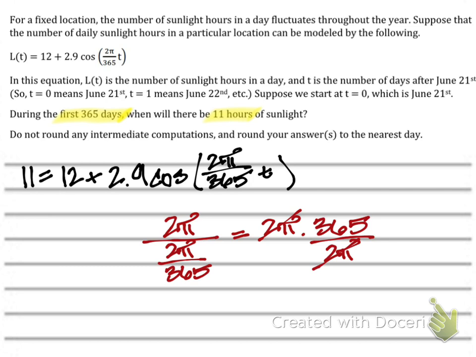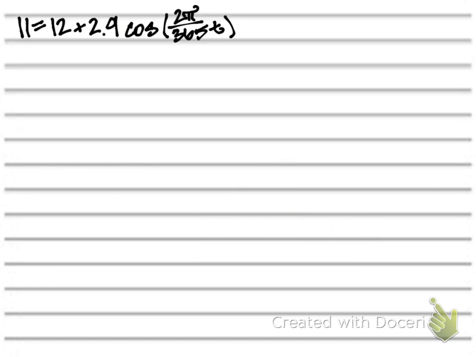So now let's look at just that function and solving it. So the first thing I'm going to do is rewrite it with a theta instead. So I'm going to let theta be 2 pi over 365t. Okay, that's the first thing we're going to do.